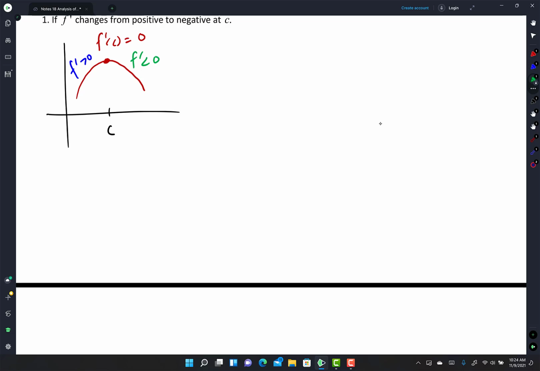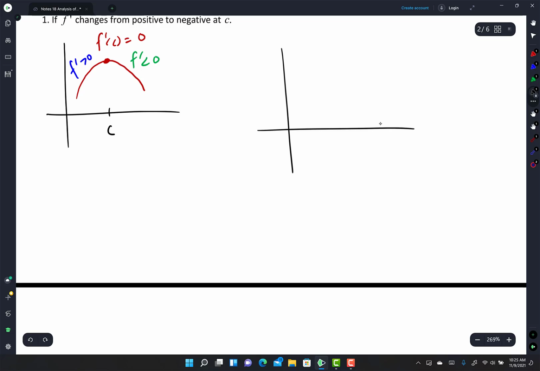Let's do another example where the derivative is undefined. So let's see, a linear line, and another linear line. Notice that at this moment, f prime of c is 0, that's c.